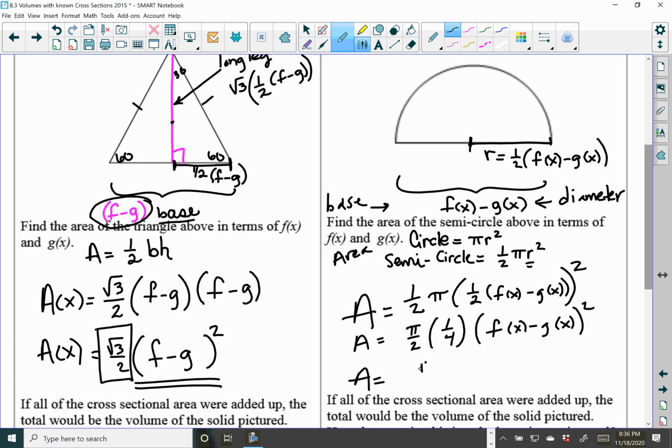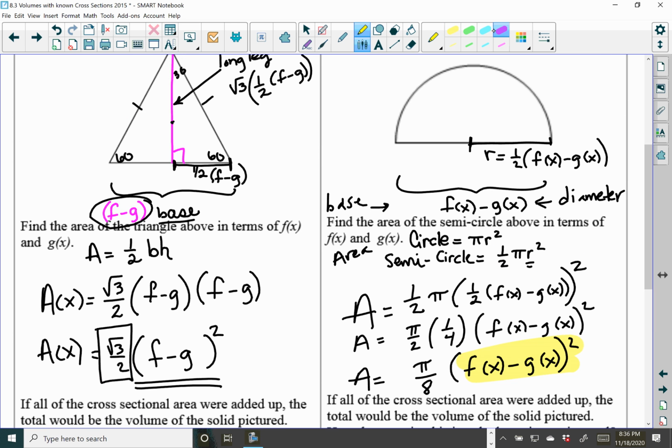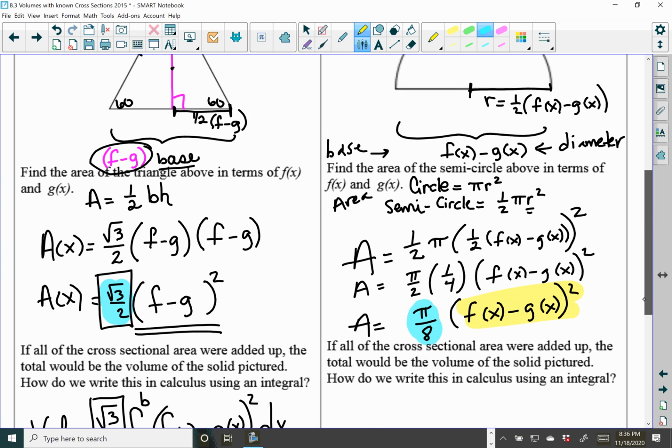I am going to get, for a semicircle, a pi over 8 coefficient times f of x minus g of x quantity squared. So you can see that everything that we're doing essentially is built off of the area of a square cross-sectional piece. And the only thing that we're adjusting is that lead coefficient. And it makes all the difference in the world.